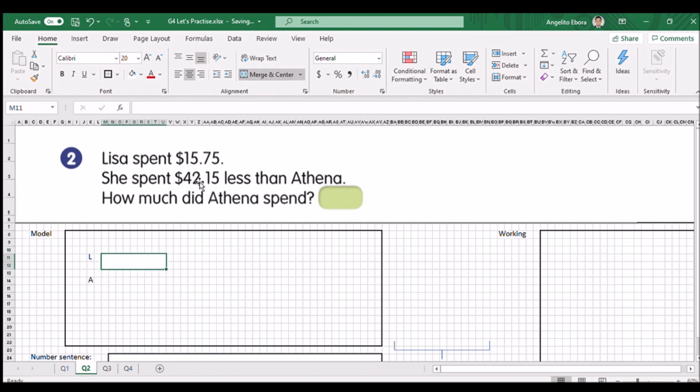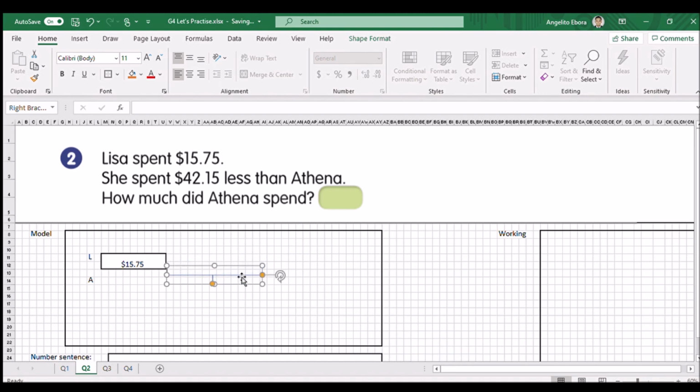So we're going to put the amount inside, $15.75. Or you can use this bracket on top and then write $15.75. It's the same, no problem. She spent $42.15 less than Athena. So this one is less by $42.15.